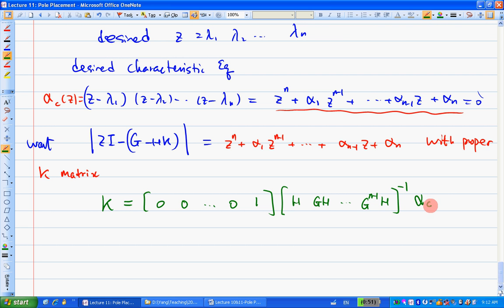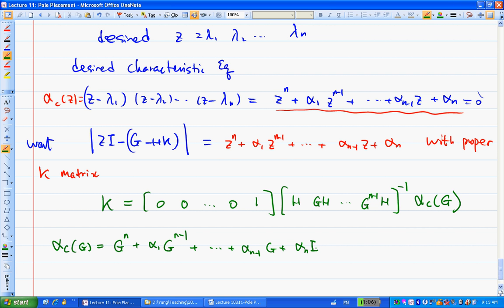Then multiply by alpha c of G. So what is alpha c of G? Alpha c of z is this guy here, so alpha c of G, basically you replace that z with the G matrix. So this is Ackermann's formula.